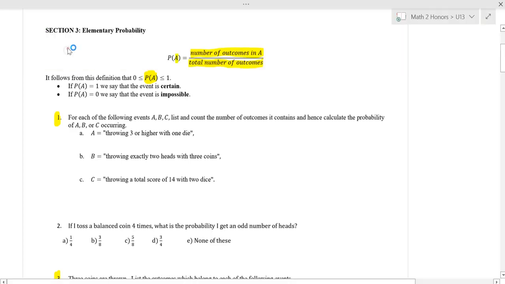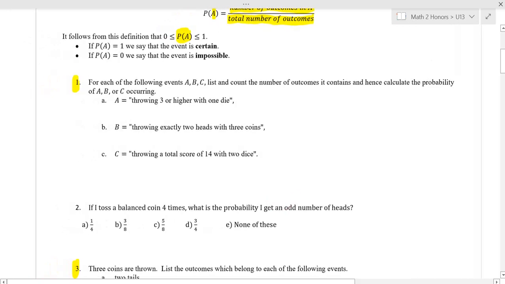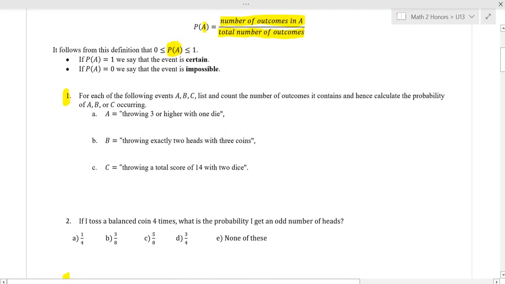Let's look at number 1. For each of the following events, list and count the number of outcomes it contains, and hence calculate the probability of each. Okay, so A is the event of throwing a 3 or higher with one die. A die has 6 sides, so you want to think, what are my outcomes?